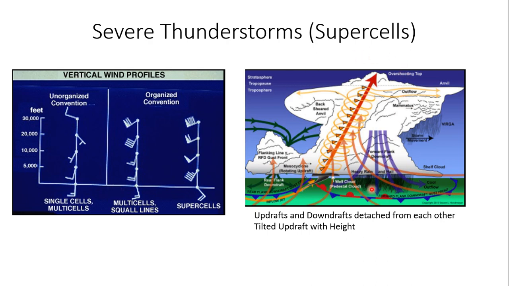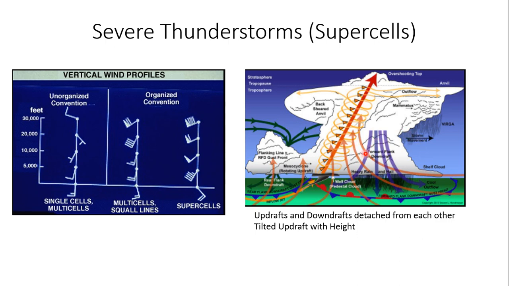Okay, there's a lot of different parts of this structure. Supercells are very unique in that you see a more tilted updraft. Okay, so you're keeping the updraft portion on the left side, the lower left portion of this diagram. You're keeping the rotating updraft section, the strong updrafts over here, this tilted updraft, separate from these downdrafts.